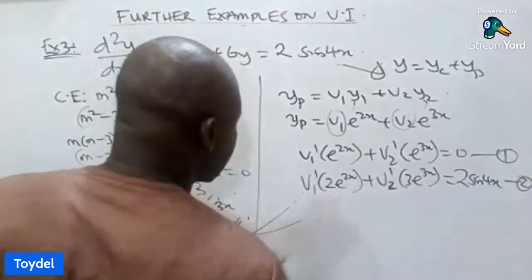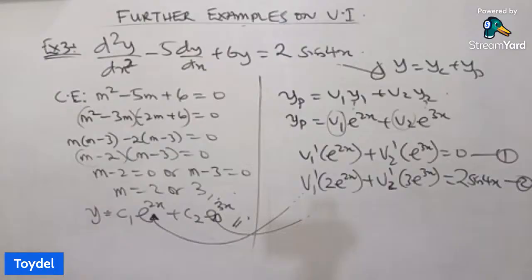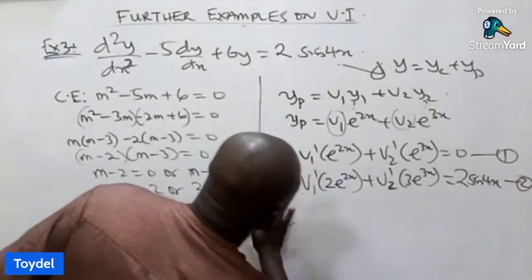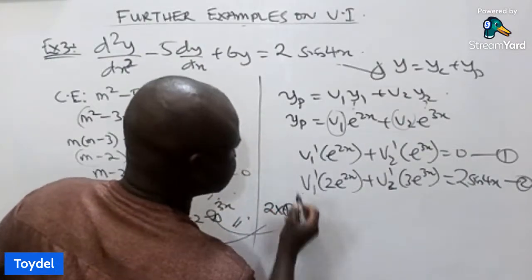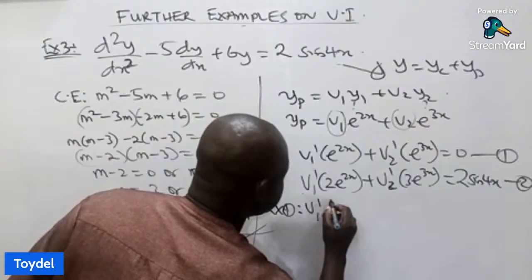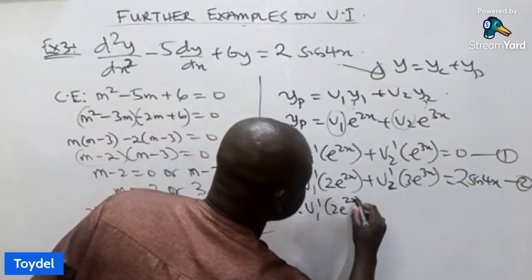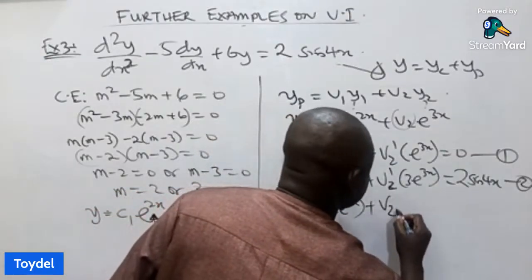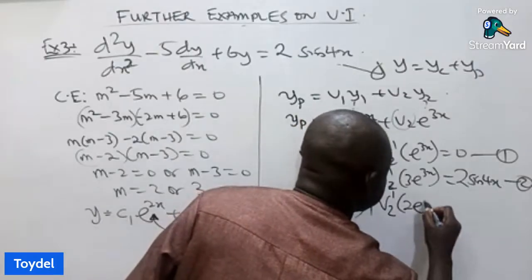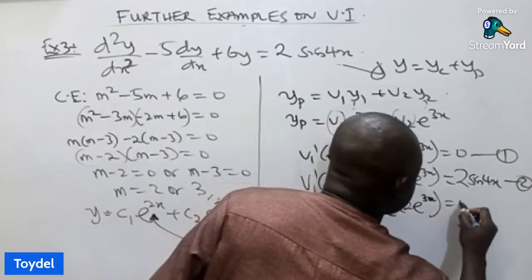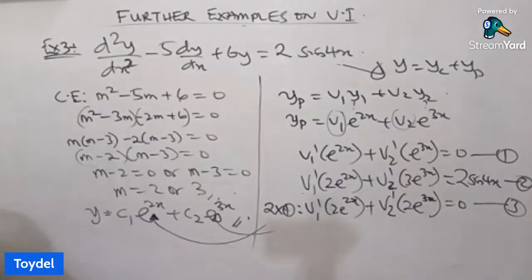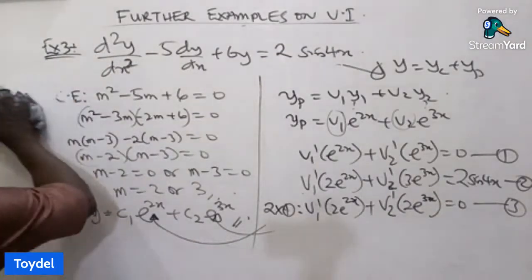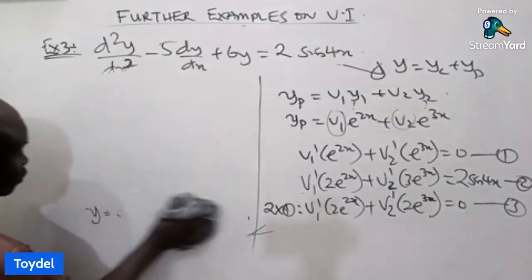So what do we do here? I can multiply equation 1 by 2. If I multiply equation 1 by 2, I'm going to get v1 prime 2e^(2x) plus v2 prime 2e^(3x) is equal to 0. I can call it equation 3. Then I will say equation 2 minus equation 3, because I want to get the value of v1 prime.